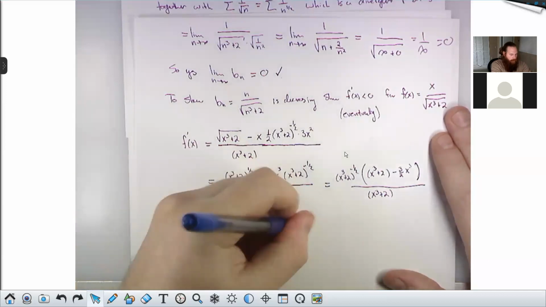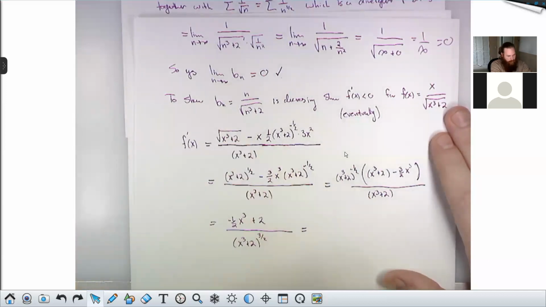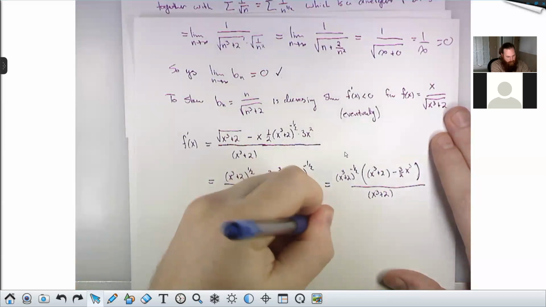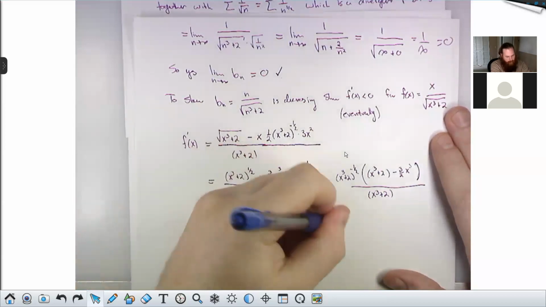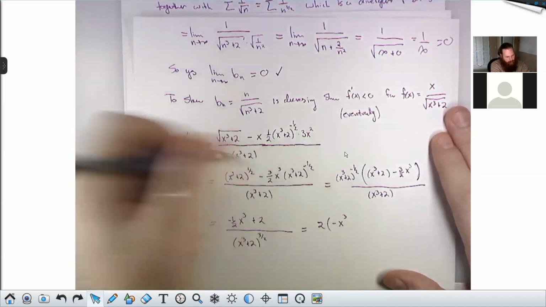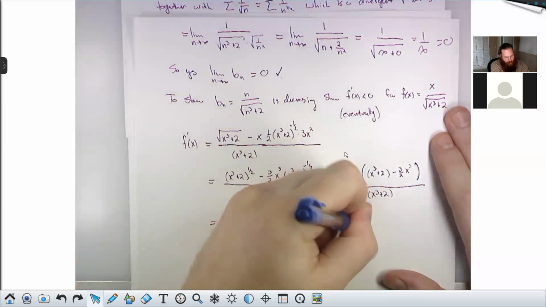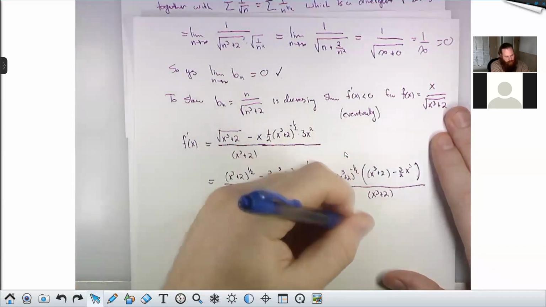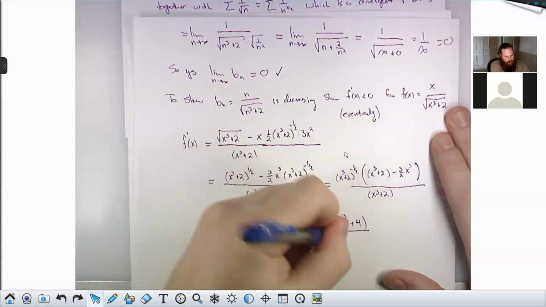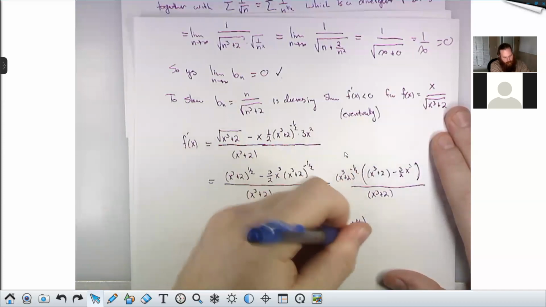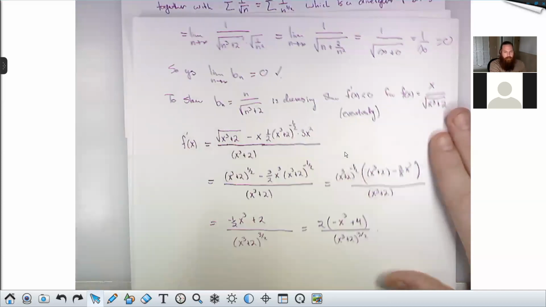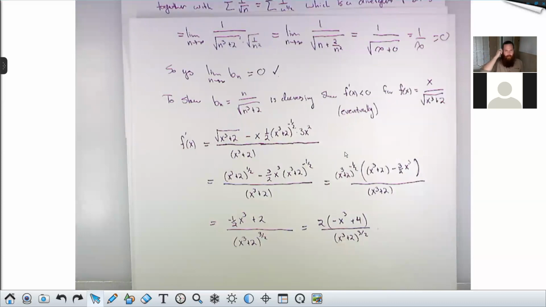Force factor a 2, and you get (-x³+4) over (x³+2)^(3/2). This is all derivative work and algebra work that you've done in Calc 1. We shouldn't have a horrible time getting f prime into this form.